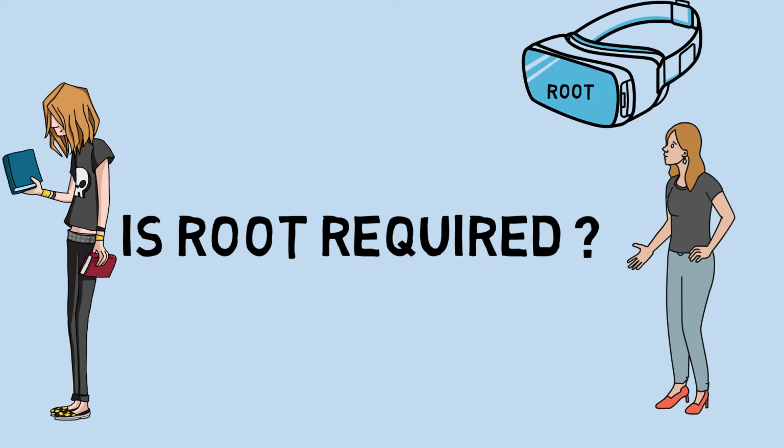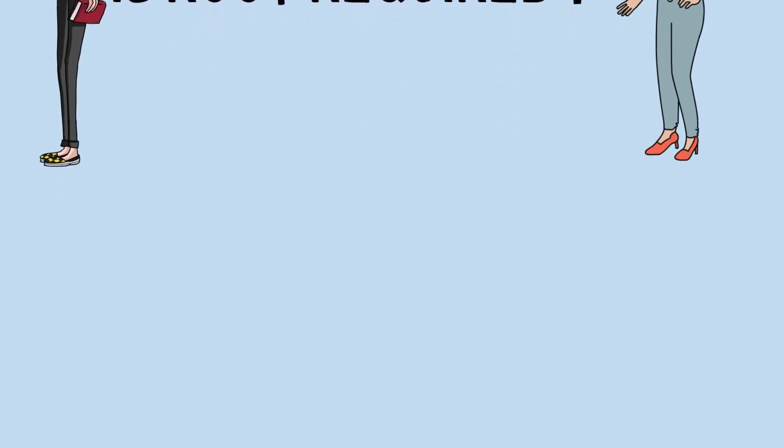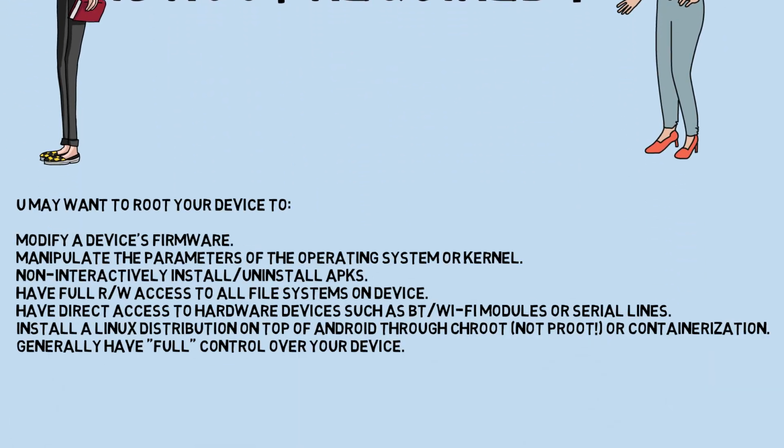So if we root our Android devices, then what are the things that we will get out of this Termux? There are several advantages if we do root. The advantages are: we will be able to modify our device's firmware. From the security point of view, modifying the device firmware is a little bit harder, a little bit out of the box, but we will be able to do that.